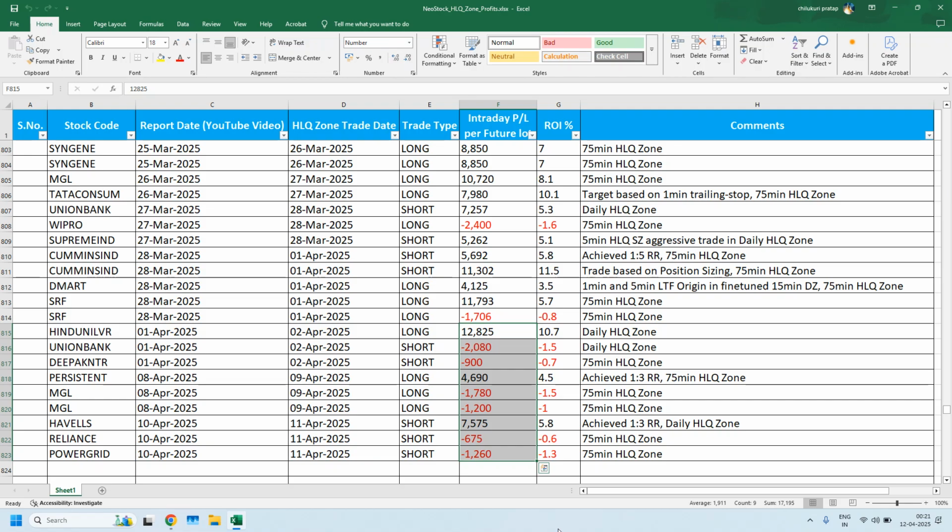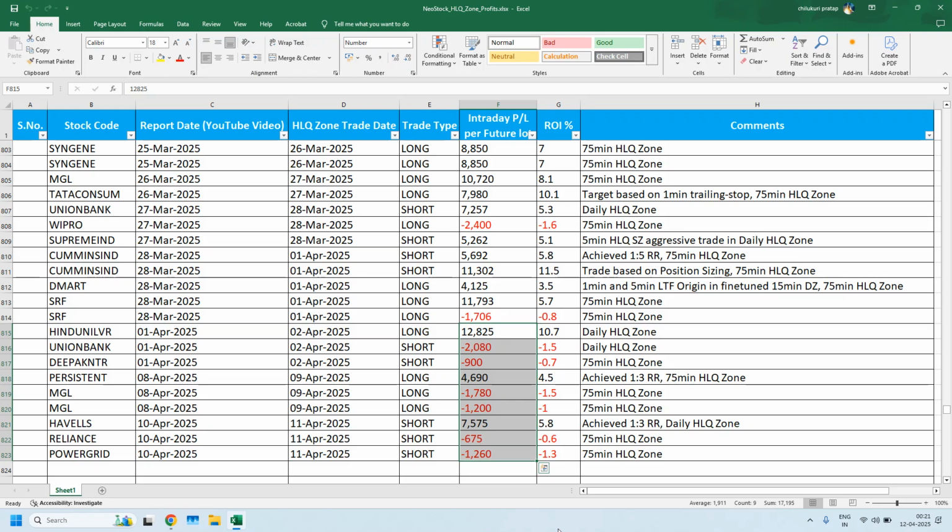Why did we get such a profit? That is the beauty of supply demand zone price action. The risk management, as I clearly mentioned: our risk should not be beyond 2% of the total value of our trade. Whatever value you are investing for the trade, your risk on the trade should not be beyond 2%.